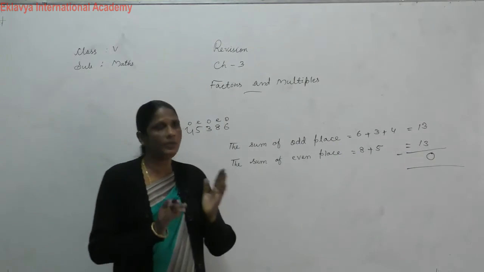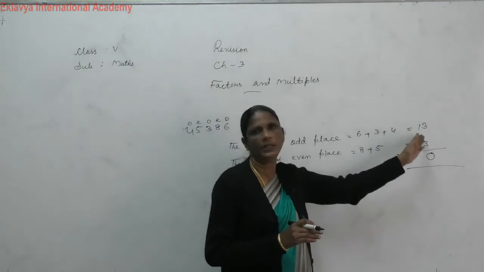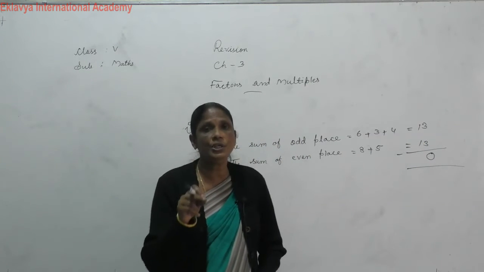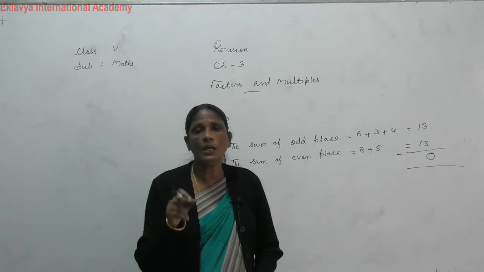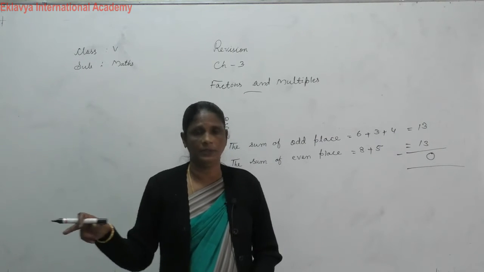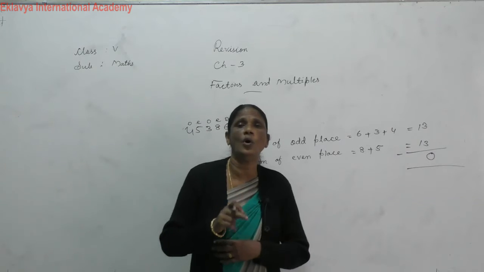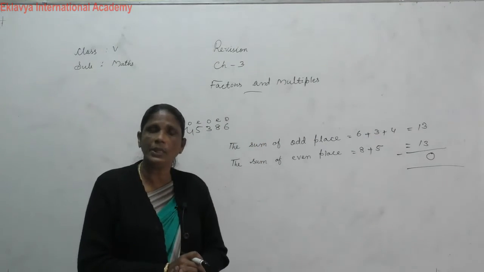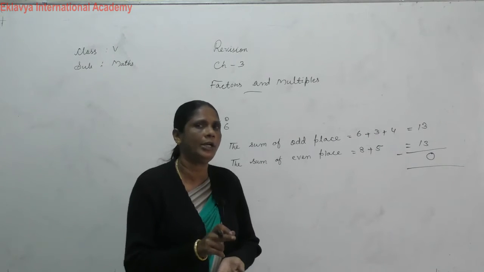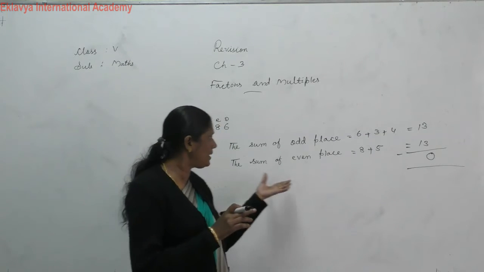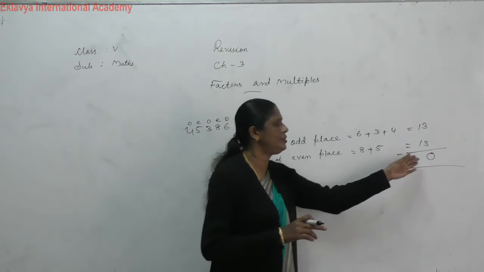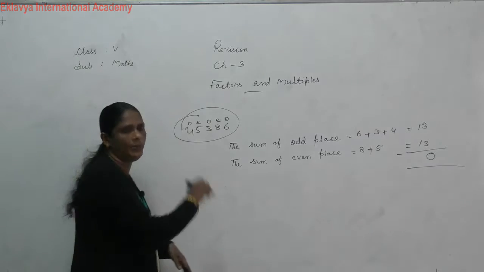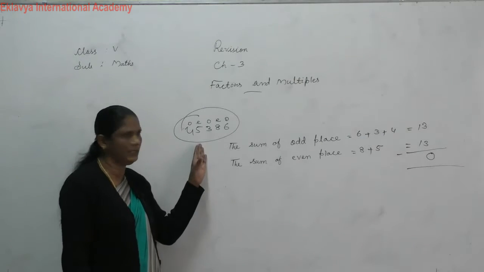Then you subtract the odd and even place sums. If you get 0 or a multiple of 11, that number is divisible by 11. In our example, I get 0. Therefore, this number is divisible by 11.